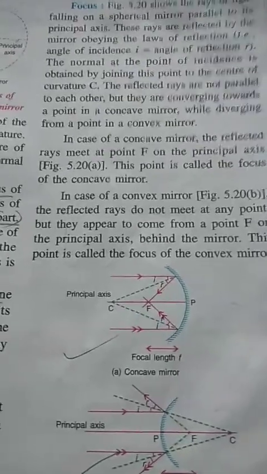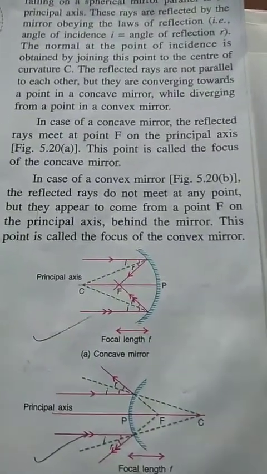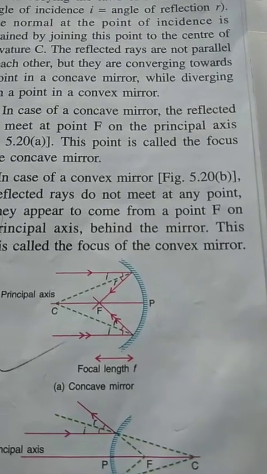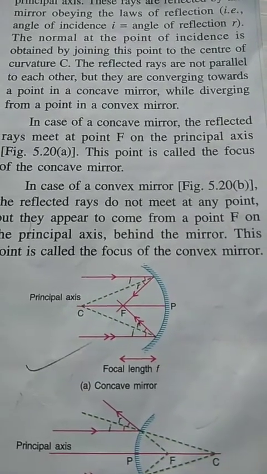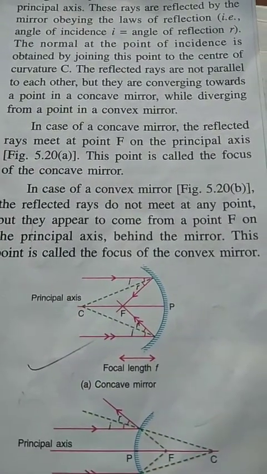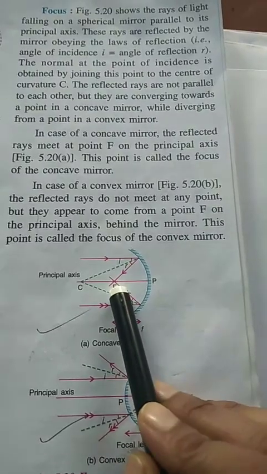Another thing is we have to understand focus. Focus is the point where all the rays meet. The reflected rays, the incident rays, which after reflection meet at a point, that point is called focus.